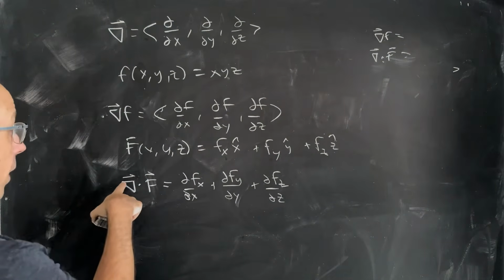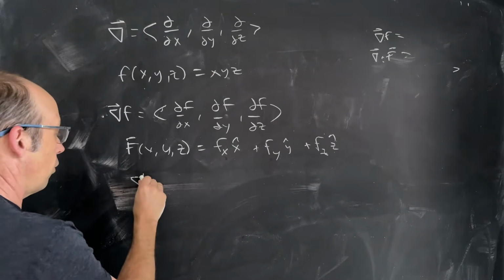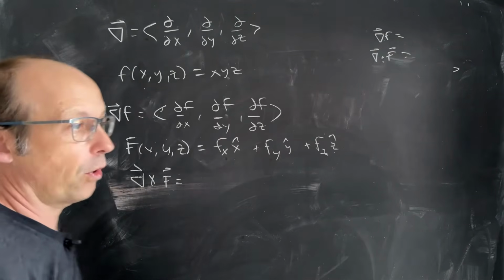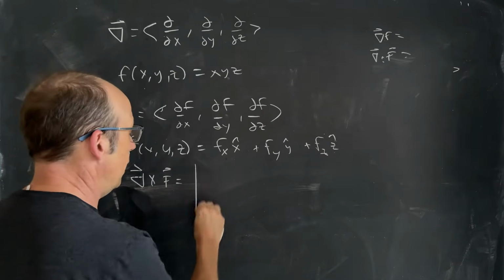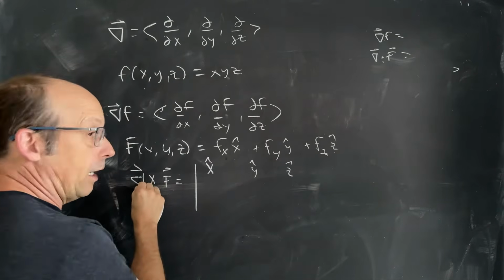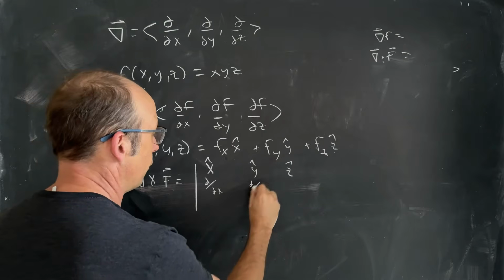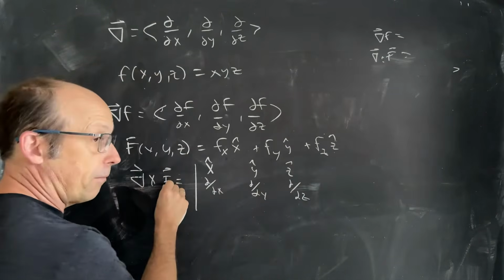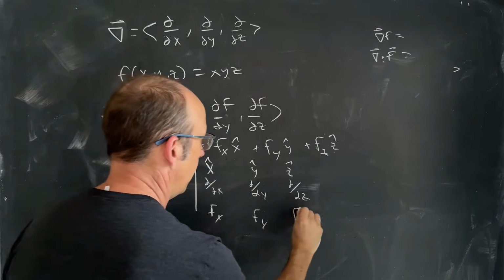So again, suppose that we have some function f. What I'm going to do is take the cross product of the del operator and f. Now, I'm not going to work it out all the way because it's just a summary video. But to do that, what we do is take the determinant of x hat, y hat, z hat, and then I'd put my components of my del operator, partial with respect to x, partial with respect to y, partial with respect to z, and then I'd put my components of my function fx, fy, fz.